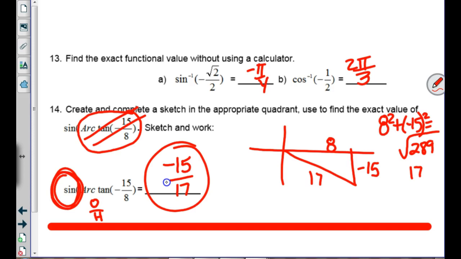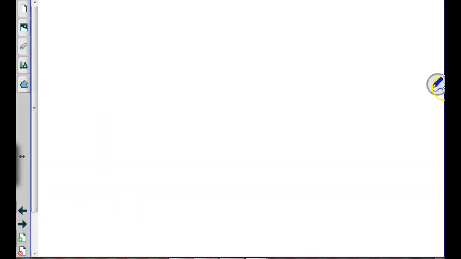All right, what do you need to see more of? Okay. So if you had to graph y equals 2 sine 3 theta.